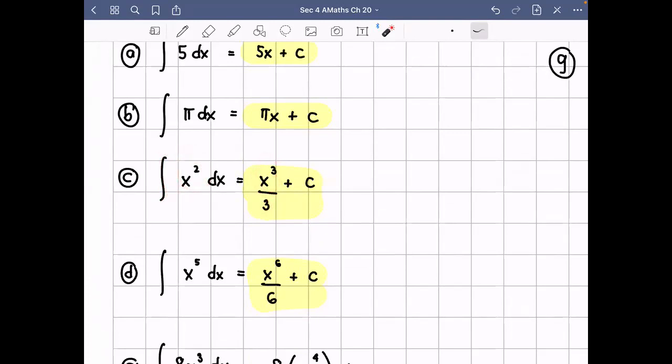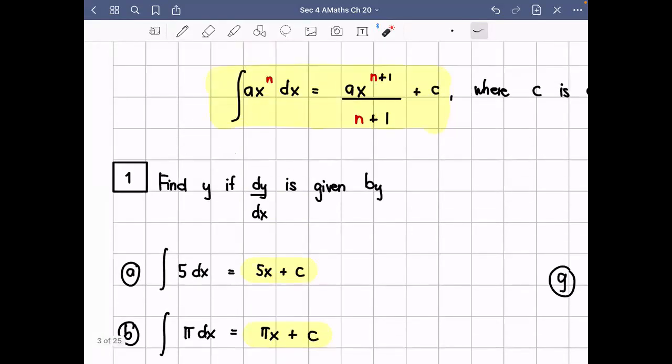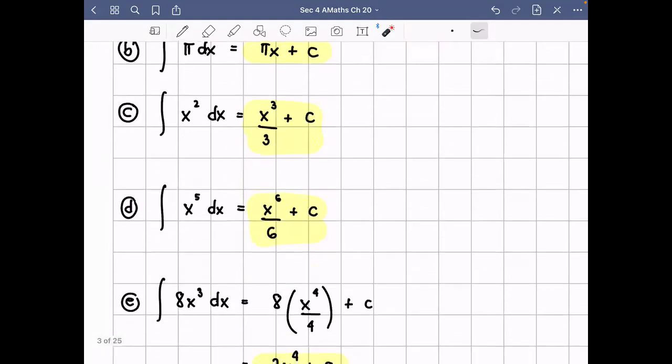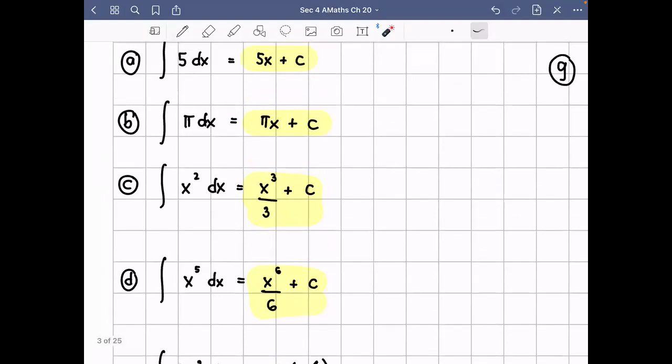Justin, Essel, and Rafa, this becomes 3 because of the first rule that we have here. The first rule indicates that this is the reverse of differentiation. In differentiation, we used to subtract 1 here, so your answer is 3x squared.